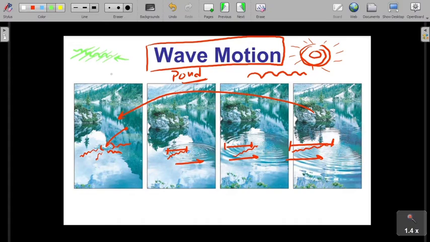Then the phone gets shaky, and sometimes it travels some distance when you keep the mobile on a hard surface. Like this, when we disturb the particles of water, the vibration happens, and for that reason these waves are created.